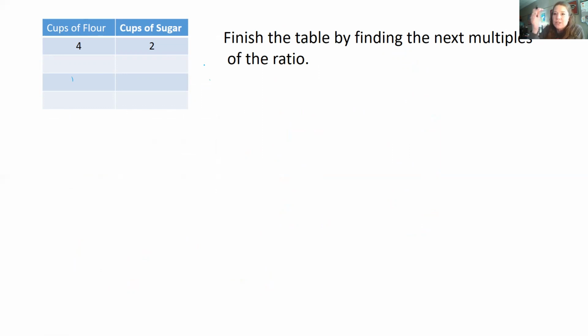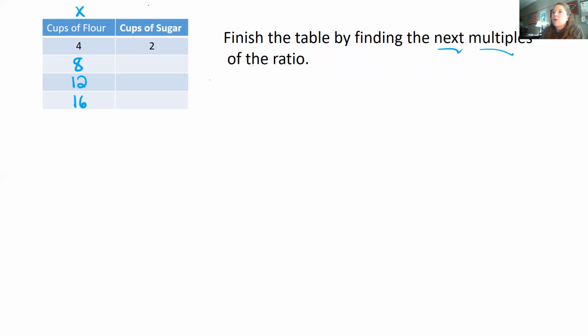If we made it a fraction, they would be equivalent fractions. So it says finish the table by finding the next multiples of the ratio. So if our first point is 4, we would go up by 4, right? The next one would be 8, and then it would go up by 4, and the next one would be 12, and then it would go up by 4, and the last X coordinate is 16.